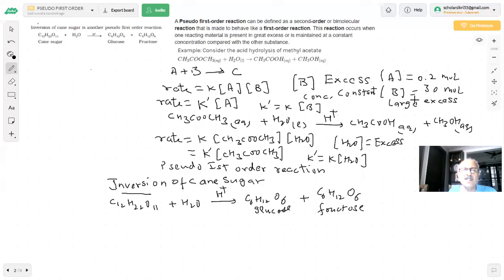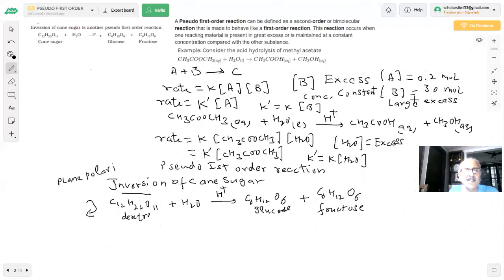The glucose actually has a dextro rotation. You know, this is an optically active compound. And this was dextro. You know what is dextro? Compounds which rotate the plane polarized light clockwise. You have heard about plane polarized light.